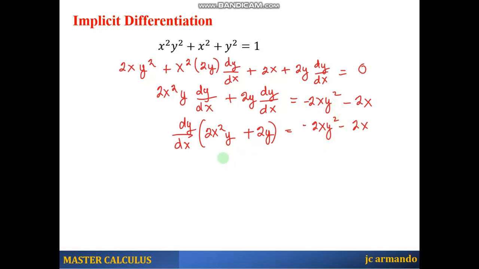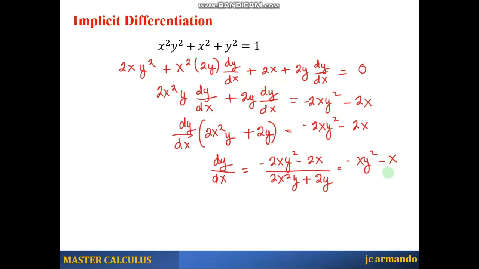Then dividing both sides by 2x squared y plus 2y, we have dy over dx equal to negative 2xy squared minus 2x all over 2x squared y plus 2y. We can cancel the 2, so we have negative xy squared minus x divided by x squared y plus y.